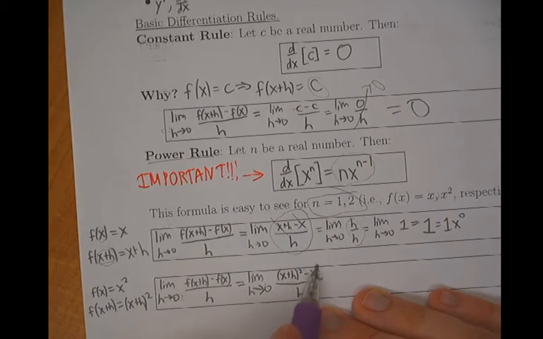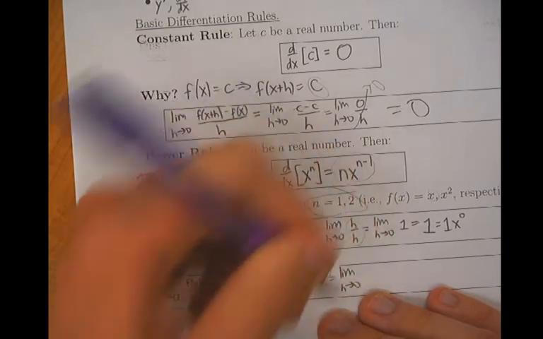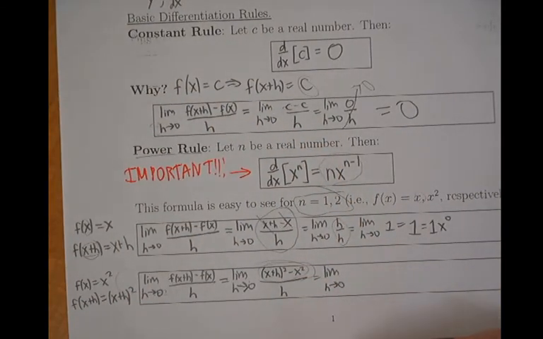So now, if we were to simplify the numerator, what do we end up with?